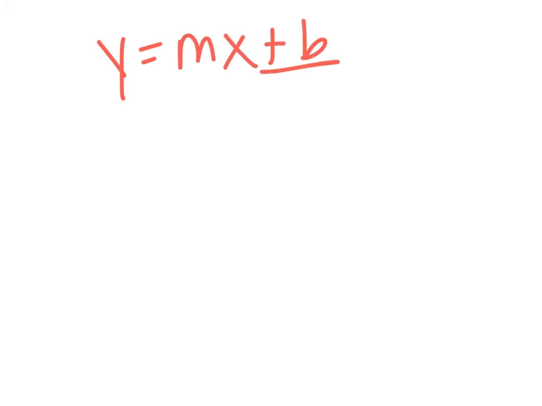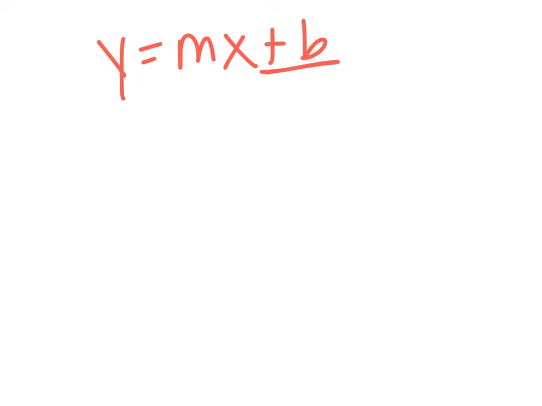You have 4 problems on the quiz where you're given a graph and you have to write the equation for the line using slope-intercept form. Remember, slope-intercept form is y equals mx plus b, so you can identify the b on where the line crosses the y-axis.